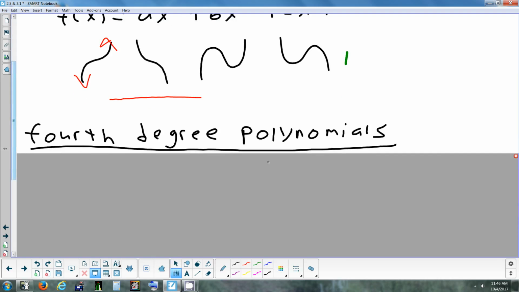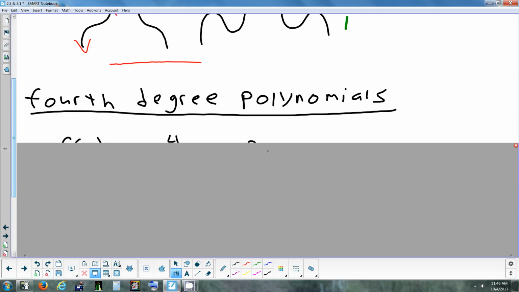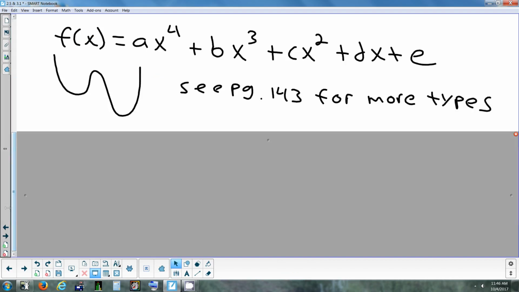How many times could a 4th degree polynomial cross the x-axis? More than 3. 4. Okay, a fourth degree could cross the x-axis 4 times. It could cross 3 times, 2 times, 1 time.